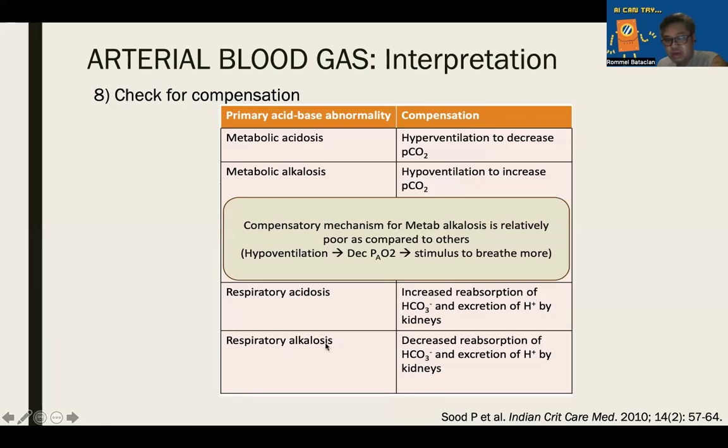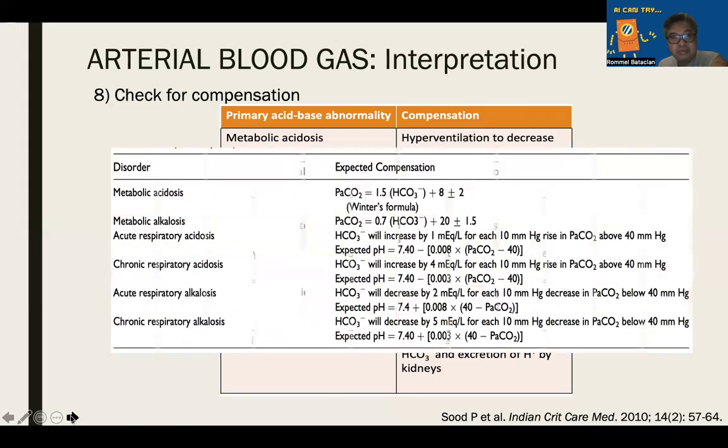And in respiratory alkalosis, there is an elevated pH. So you don't need the bicarbonate much in this situation. So you have to decrease the reabsorption of bicarb and also decrease the excretion of the hydrogen ions in order to lower the pH to normal levels.